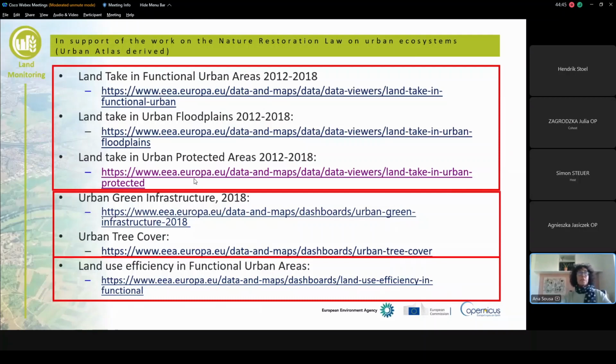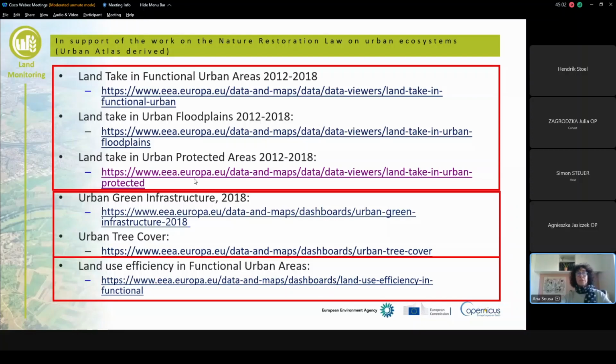I'm starting with the work in support of the nature restoration law on urban ecosystems, for which the agency has created a series of dashboards that are derived from Urban Atlas.